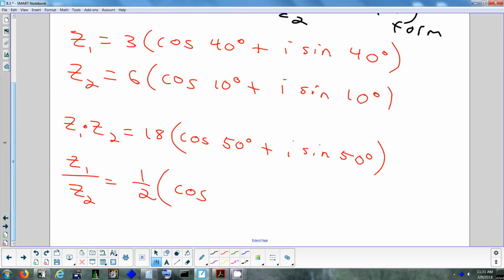Okay. What's going to be my angle? 30. And you're done. That's how you divide two complex numbers using trig form. No conjugates, no foiling, no i squareds, much, much easier. Any questions on how to multiply and divide in trig form?